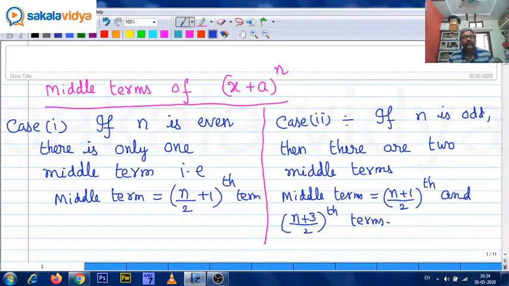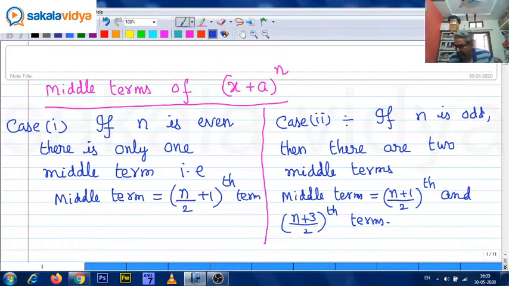Now see, the coefficient of the middle term is known as the largest coefficient. That means the coefficient of the middle term is the largest coefficient in the expansion of (x + a)^n.